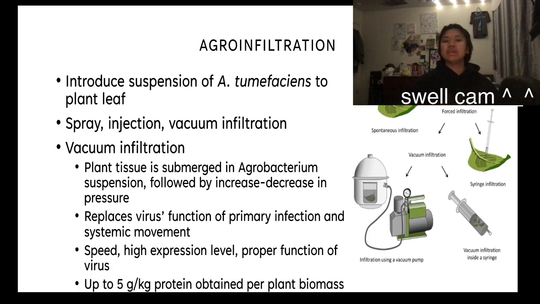So to get that agrobacterium to be introduced to the plant, you introduce a culture, your suspended culture of agrobacterium to your plant. As I mentioned before, you either introduce it via high pressure spraying, injection, or vacuum infiltration.